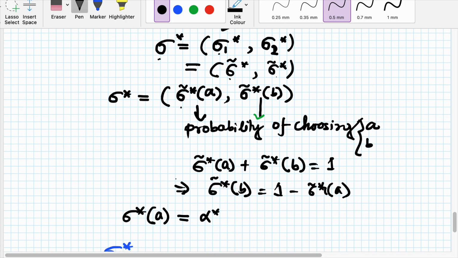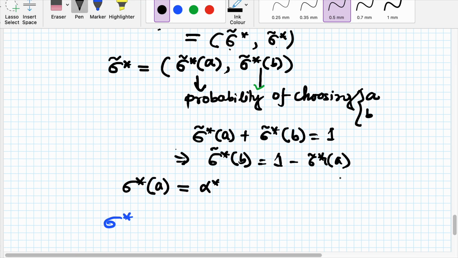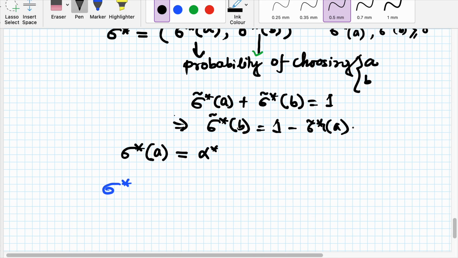Now sigma tilde star is nothing but the probability of choosing A and the probability of choosing B. Sigma star A and sigma star B should be greater than or equal to 0, and their sum should be 1.